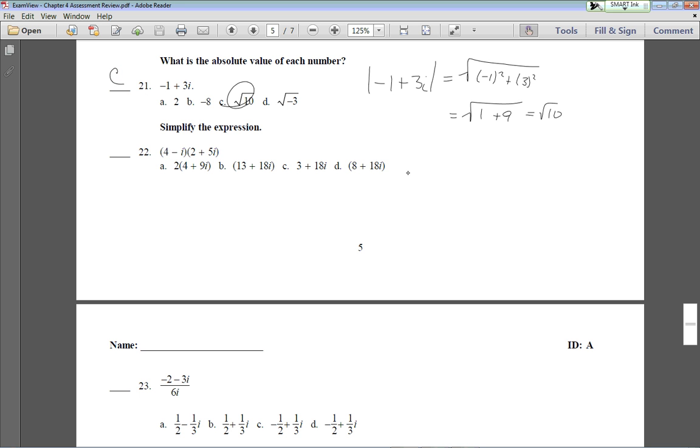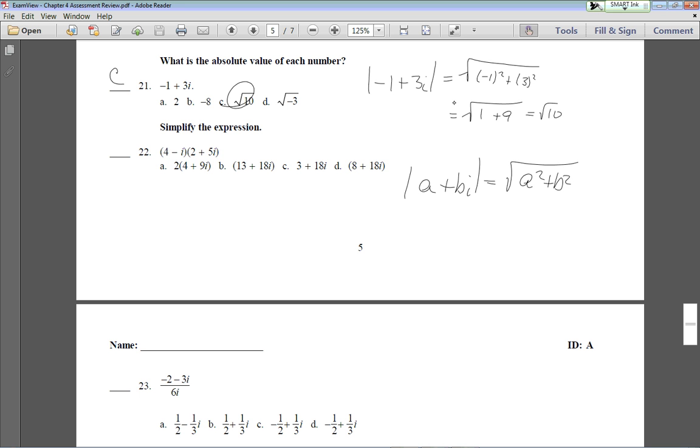The absolute value of a complex number is simply the square root of a squared plus b squared. Remember, b does not include the i. The i is separate from the b. If you look up here at what I did, if you just look at this, you can't tell that I'm using a complex number that has an imaginary term, because when you do this, you don't take into account the imaginary term.